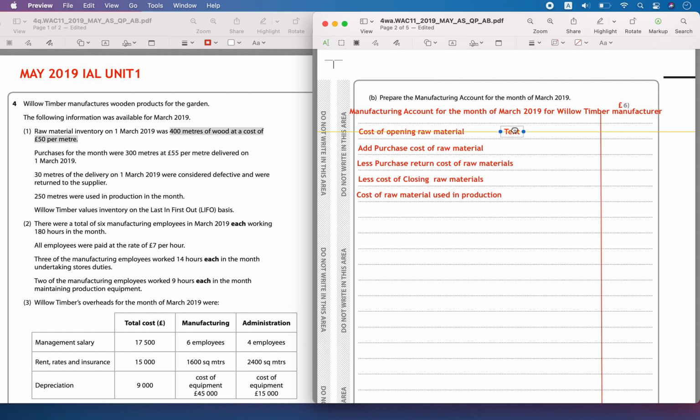To get the cost of the opening raw material as on 1st March 2019, it is 400 meters of wood at the cost of 50 pounds per meter. So 400 into 50 pounds is equal to 20,000 pounds.